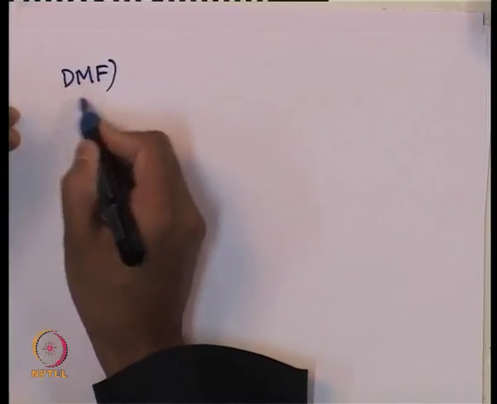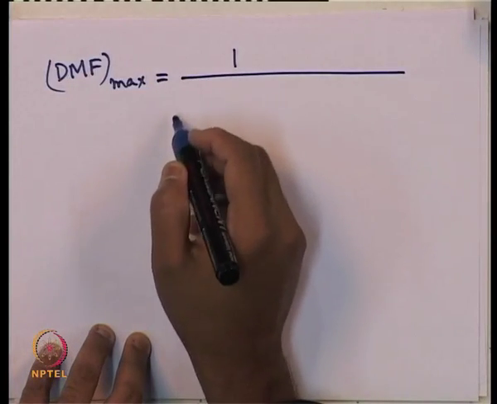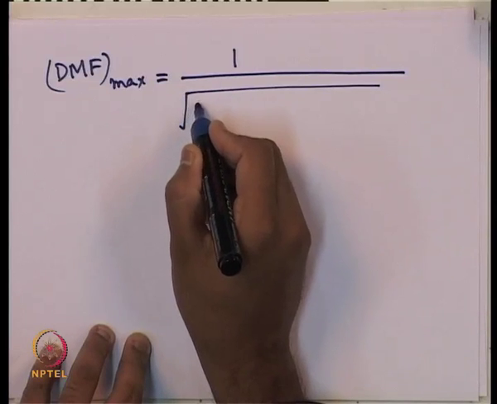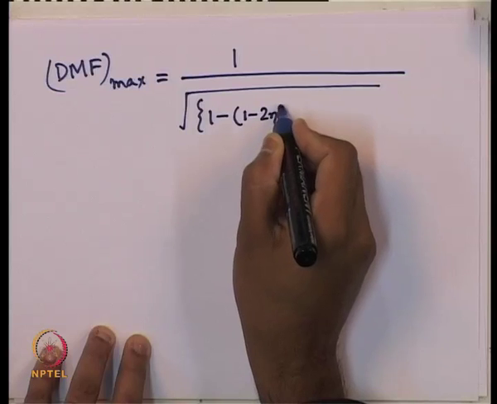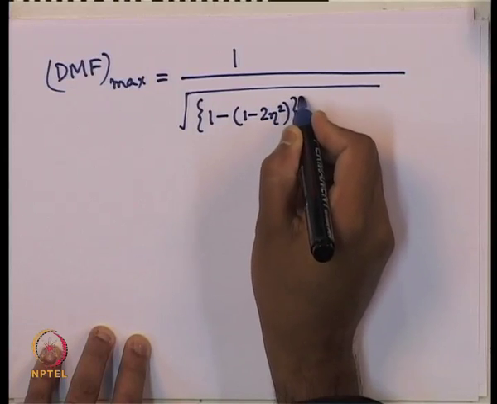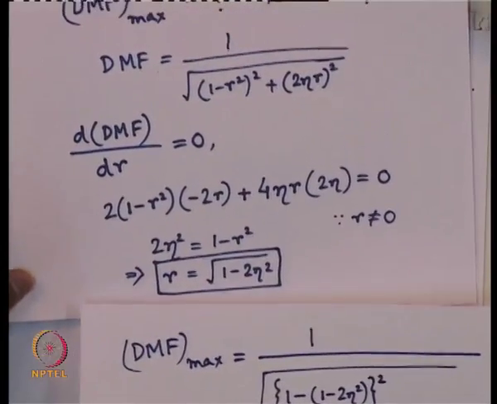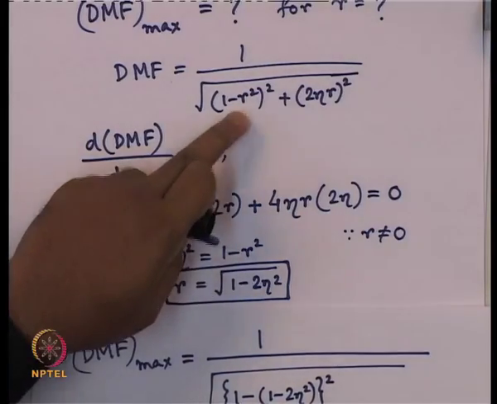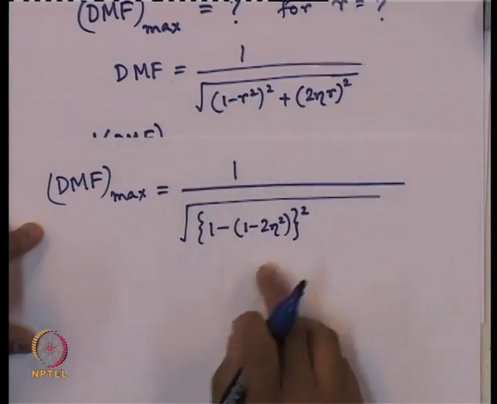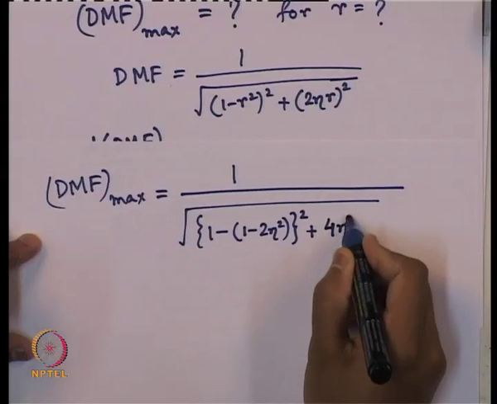So, DMF max equals, now I am putting this value of r in that expression, 1 by root over (1 minus r square) whole square plus 4 eta square r square.